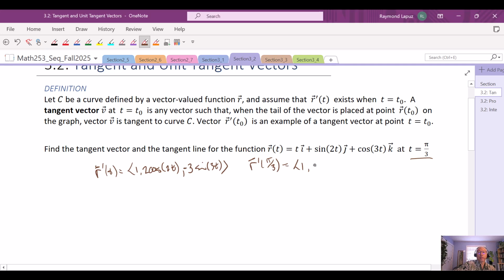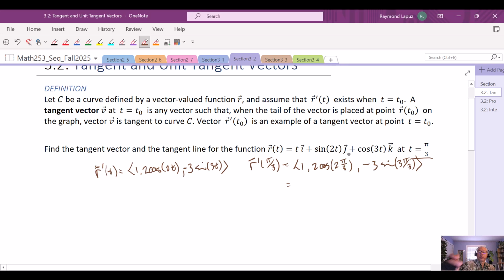The second component is going to be 2 cosine of 2 times pi over 3, so that's 2 pi over 3. And then the third component is negative 3 times sine of 3 times pi over 3, so that's just pi. So we get sine of pi, which is equal to 0.